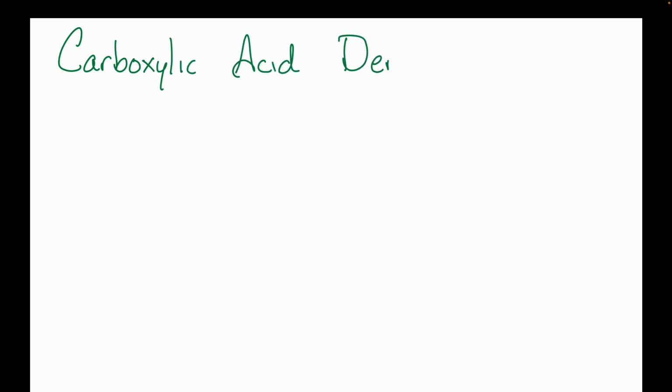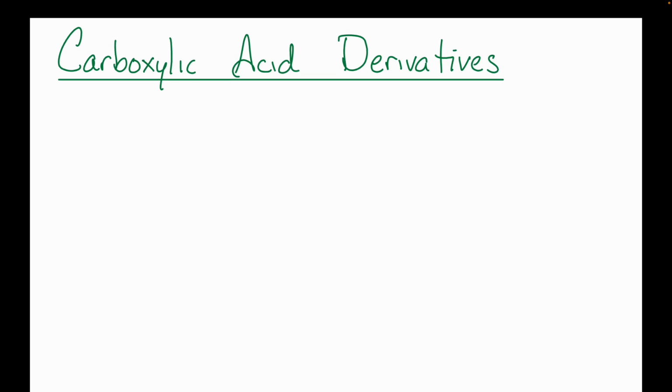We're going to start in on our next chapter on carboxylic acids and their derivatives. All right, so we're going to lump together a bunch of functional groups in this chapter, what we call our carboxylic acid derivatives.